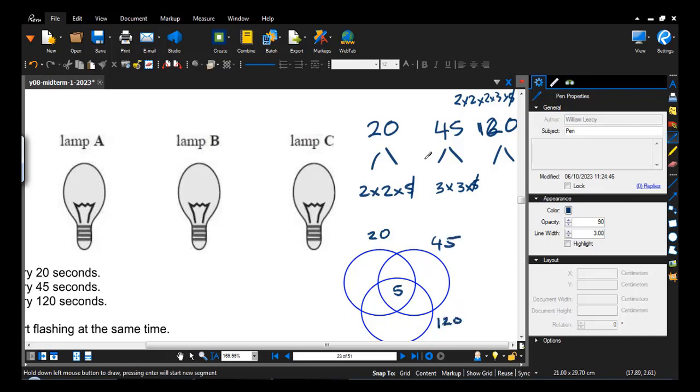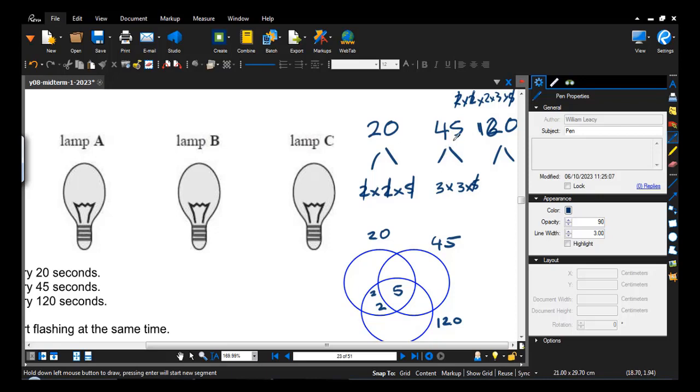Then what is common to 20 and 120? 2 is common just to 20 and 120. There's another 2, that's common. Anything else? No, that's it.